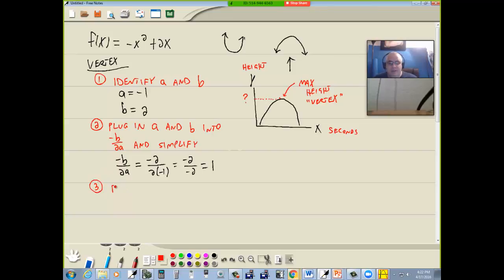Then step 3. Plug the value from step 2 into the original function and simplify.